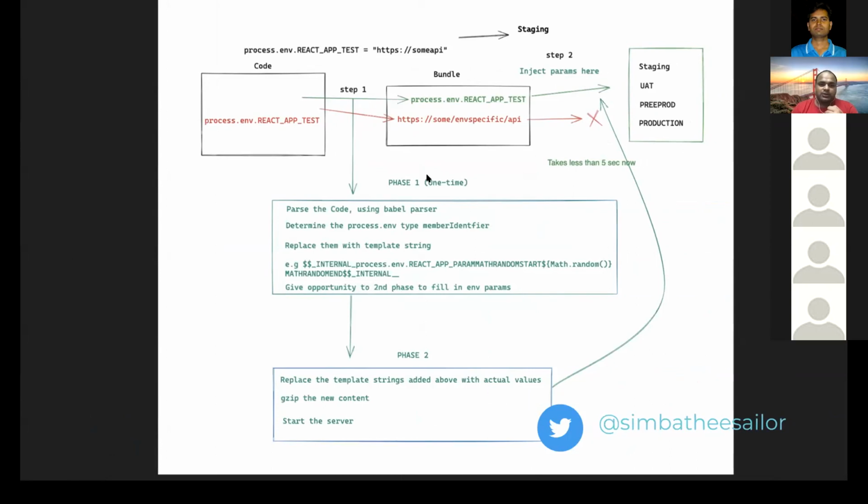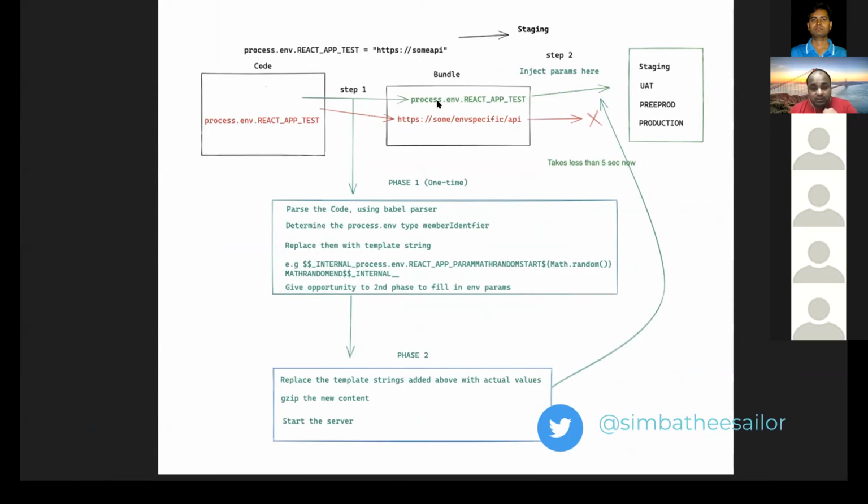Let me explain what's happening here. This box is your code, and the red section is what is happening in most applications. You have code in which you are using process.env.REACT_APP_TEST, and that gets replaced by some value you get from some kind of parameter.